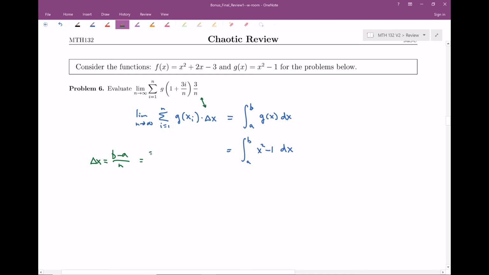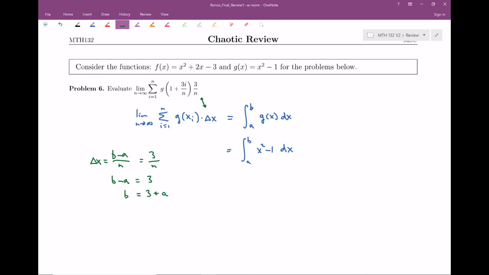We could do a little bit of cancellation, and we'd get b minus a should be equal to 3. Or another way we could write that is that b should be 3 more than a. So if you take a and add 3 to it, you should get b. This unfortunately doesn't help us determine uniquely what a and b are, but this does give us a relationship between a and b.